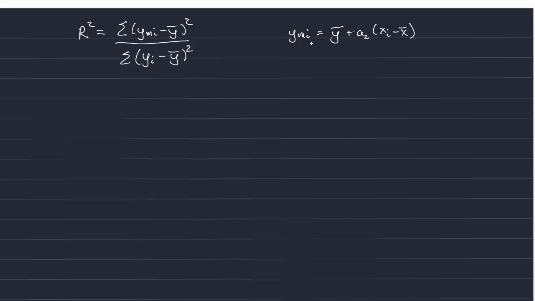And if we substitute this equation for the model, we find that r squared is equal to the slope squared times a factor, which is the square deviation of each value of x from its mean all over the square deviation of each y value from its mean.